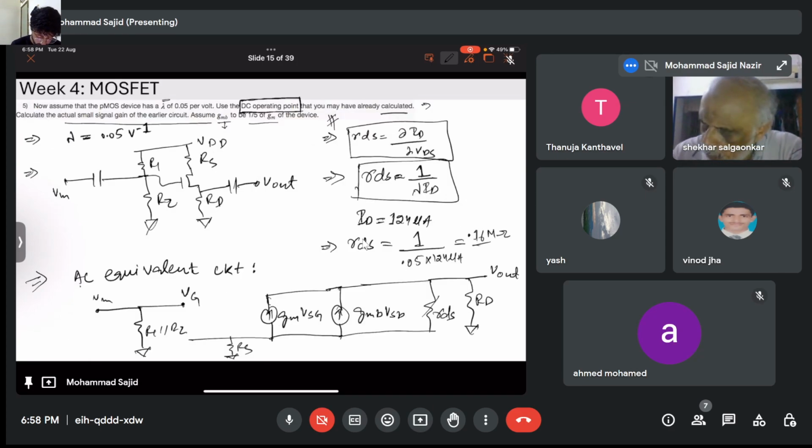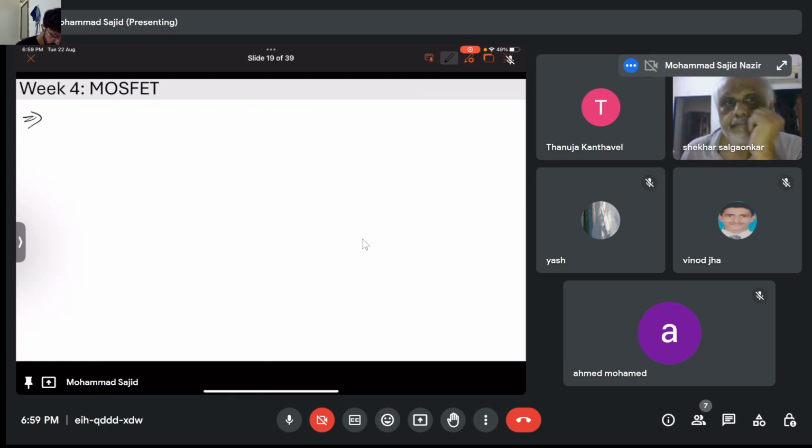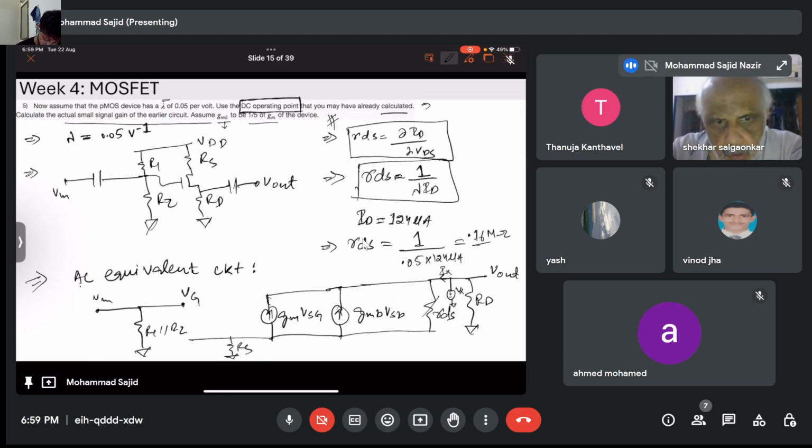And it's a little bit of a complex circuit. So let's connect the source here, Vx, Ix. Okay, just like that. Now this Ix, this is Rds here.